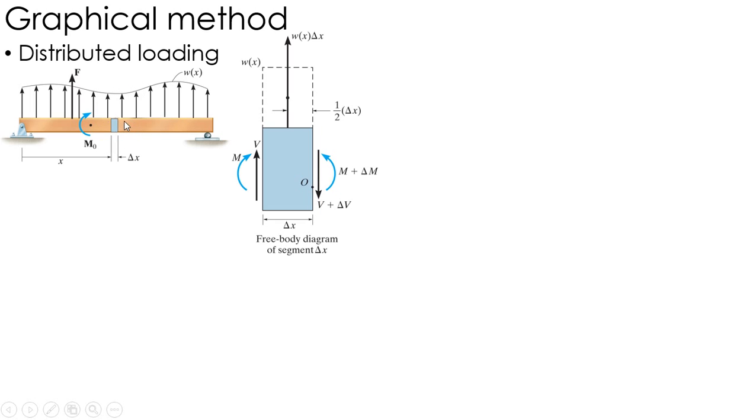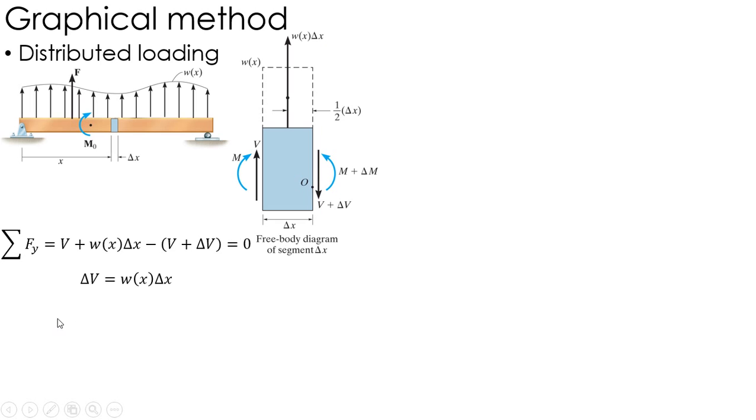I'm going to look at some little section here, delta x. I've got a moment on each side, a shear on each side, and then that distributed loading, which I can represent as a single force halfway across, which is delta x times the distributed loading, w(x).